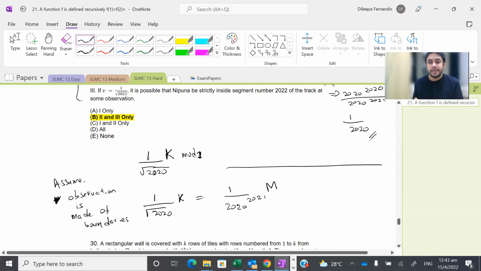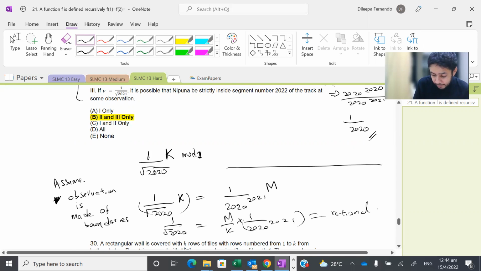So if an observation is made on boundaries, that means, so this is a general observation, kth observation, and this is the mth boundary. So if kth observation is done on mth boundary, that means 1 over 2020 equals m over k into 1 over 2021, which makes this rational, which is a contradiction. If you remember the proof of root 2 being irrational, it's similar.